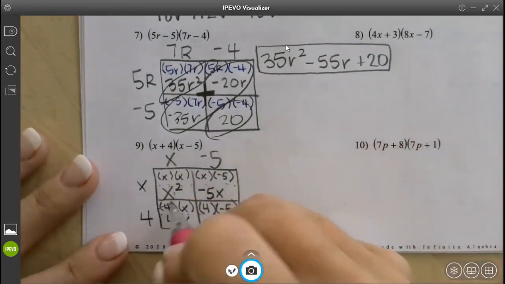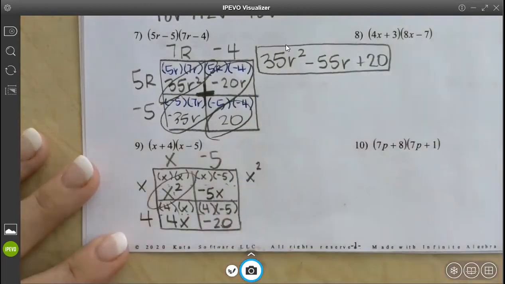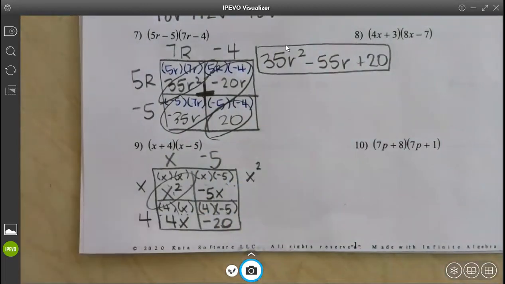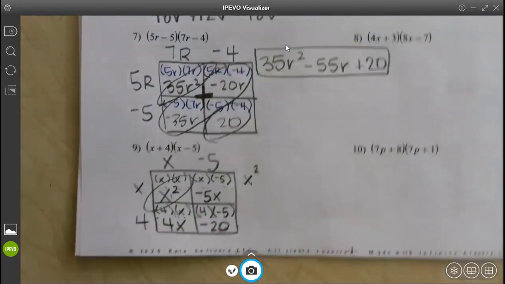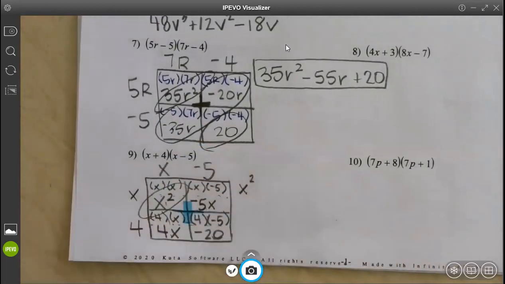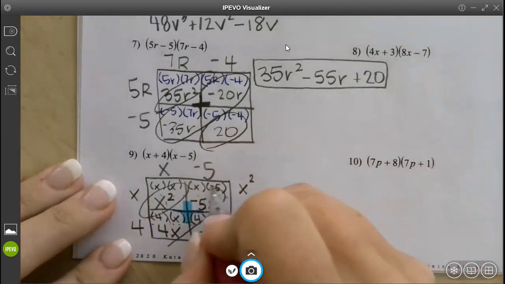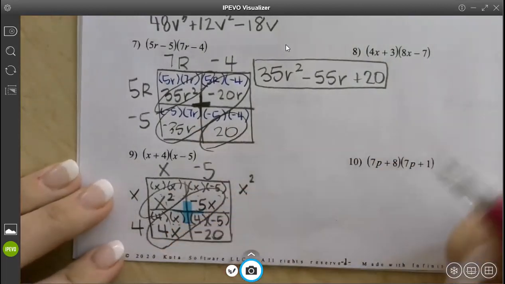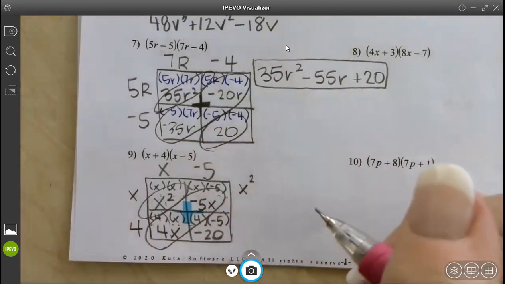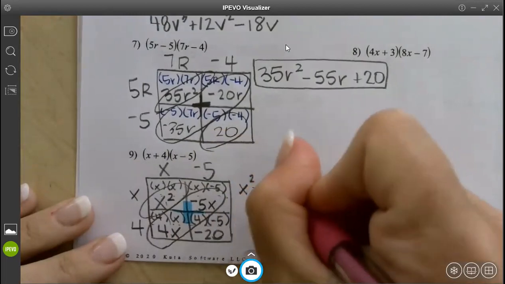To find your answer, write your diagonals. Your first term is x squared. Again, just so you can see it, there's your plus sign in the middle. 4 plus negative 5. Oh, wait.